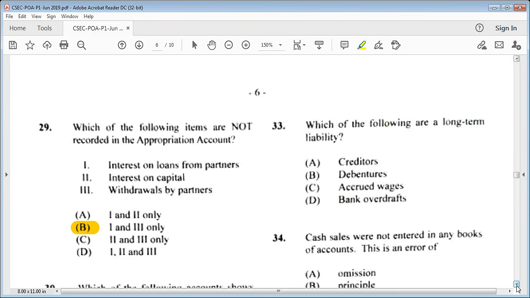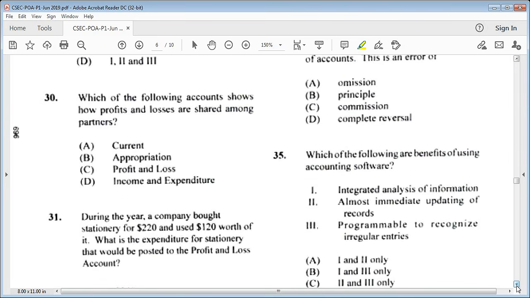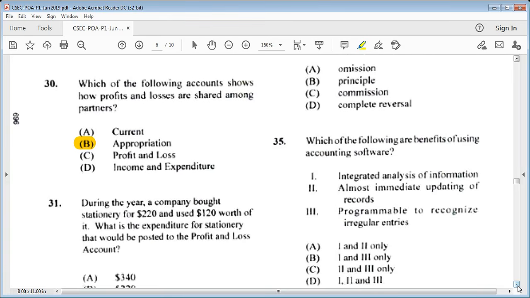Let's go on to 30. Which of the following accounts shows how profits and losses are shared among partners? A, current. B, appropriation. C, profit and loss. D, income and expenditure. So what would be our answer here? We know it would be the appropriation. B. Let's move on to 31.